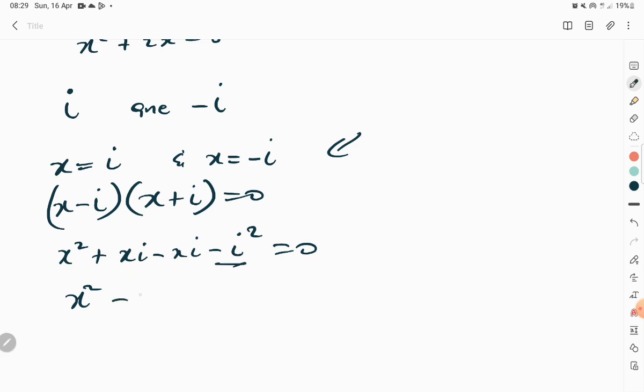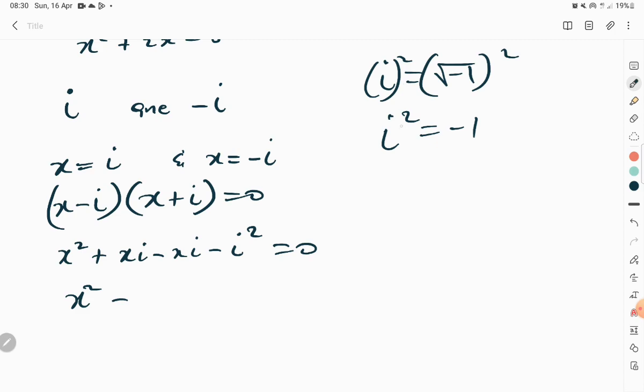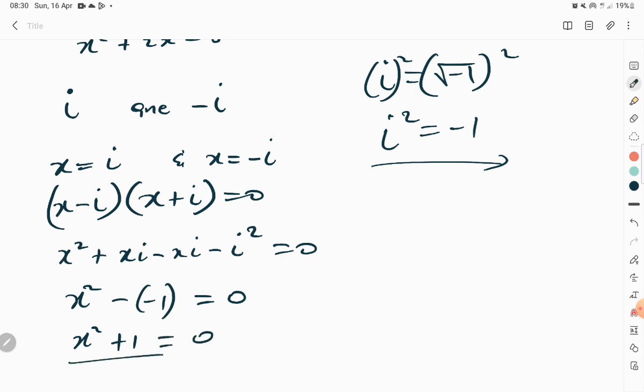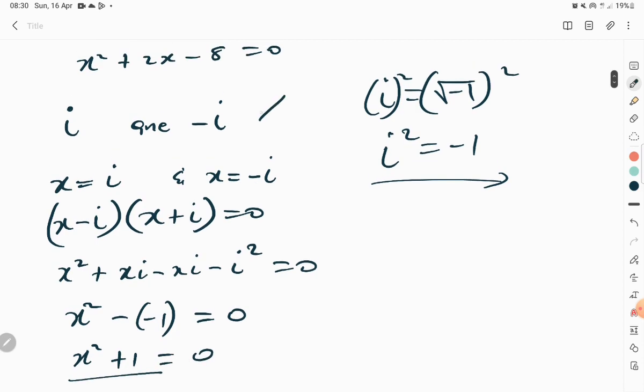Then also that one is going to be a real number, because we know that i squared is equal to -1, because i initially was just equal to that. So when you square both sides, this i squared is just going to be -1. So you have negative of -1 now. This is equal to 0. Then your equation becomes just x squared plus 1 equal to 0. So this is the equation whose roots are given as i and -i.